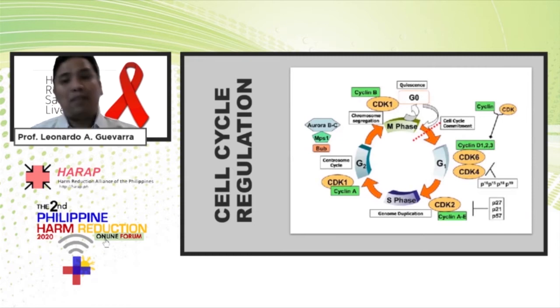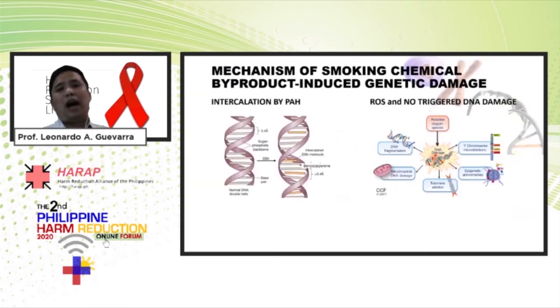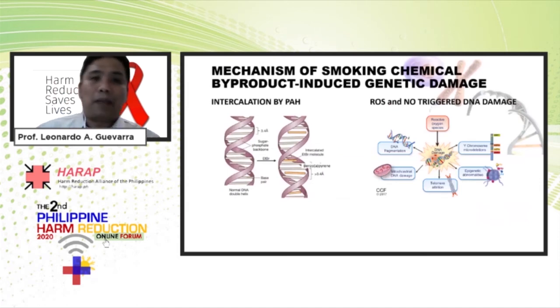The problem is when your oncogenes and tumor suppressor genes are affected by the toxins produced by cigarettes, and that initiates carcinogenesis or tumorigenesis. Okay, so how do these toxic substances affect your genes? One is intercalation by polyaromatic hydrocarbons. As I have told you, polyaromatic hydrocarbon is the main ingredient in the production of carcinogenesis or tumorigenesis.